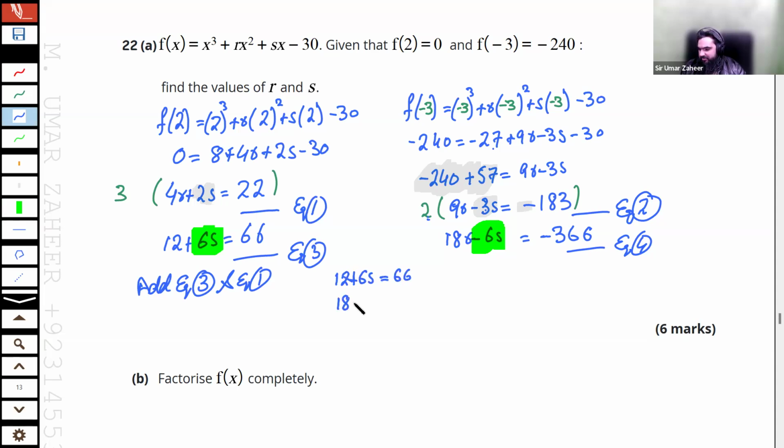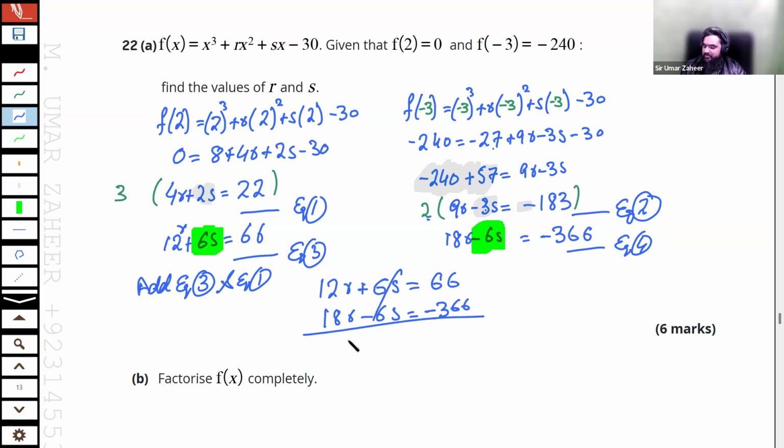We have 18r minus 6s is equal to minus 366. This value will be cancelled out. It will become 30r is equal to minus 300. So from here r will be equal to minus 10.